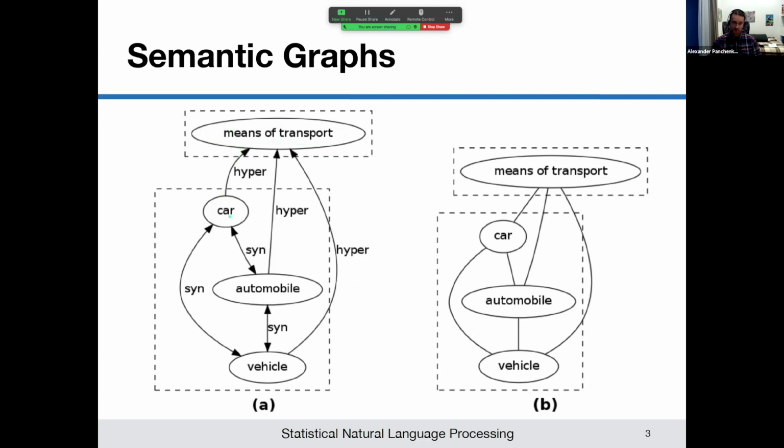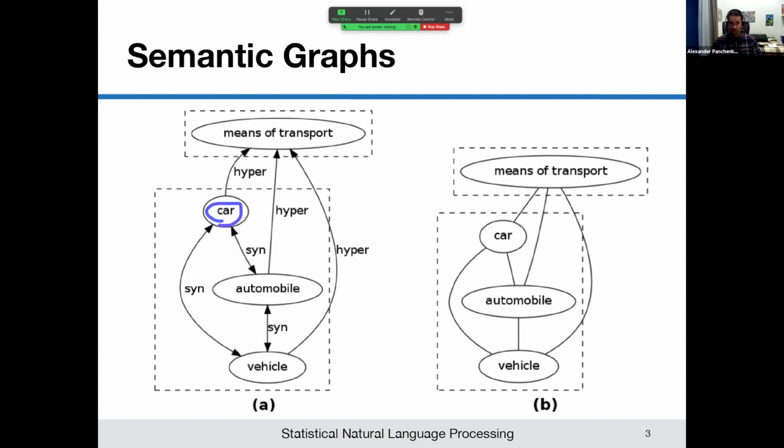So car is some kind of means of transport, and automobile is also some kind of means of transport. These taxonomic relations are called hyponymy, and they can be used to abstract the meaning of the words. But there are some other relations in semantic networks which are not directed, called synonymy.